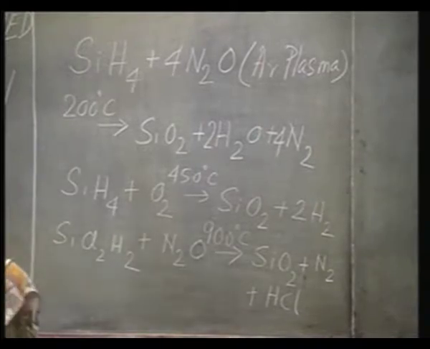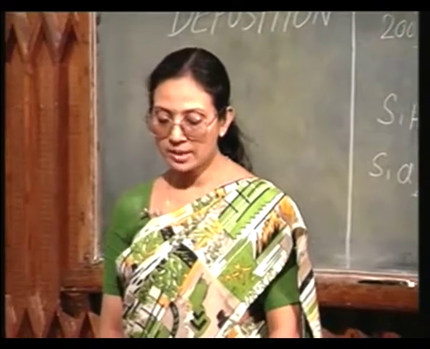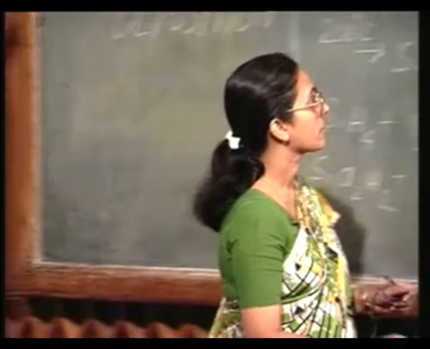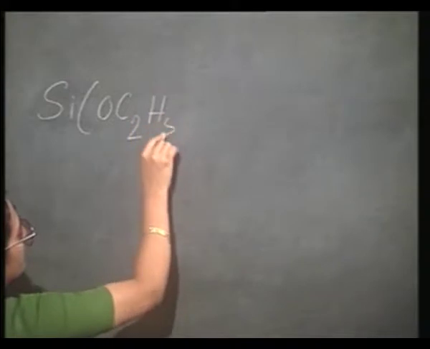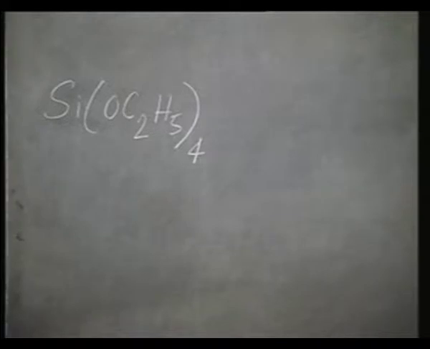Another very popular route to deposit silicon dioxide is using what is known as tetraethoxysilane. This is the ethoxy group OC2H5. And 4 of them, that is why it is tetraethoxy, and actually in a silane it has replaced 4 hydrogen atoms.